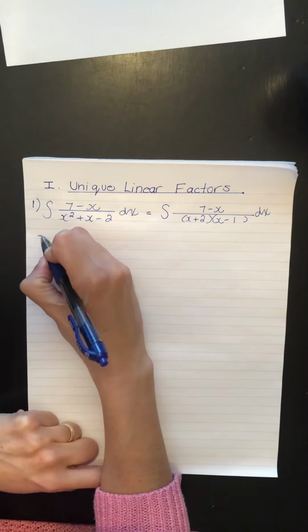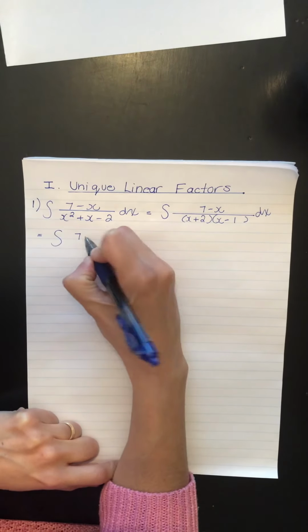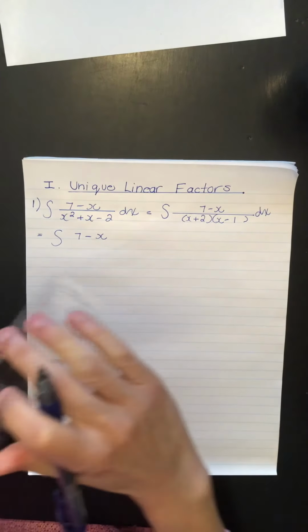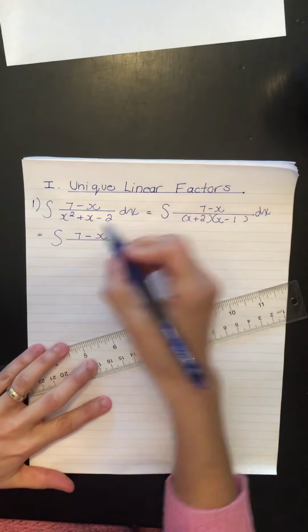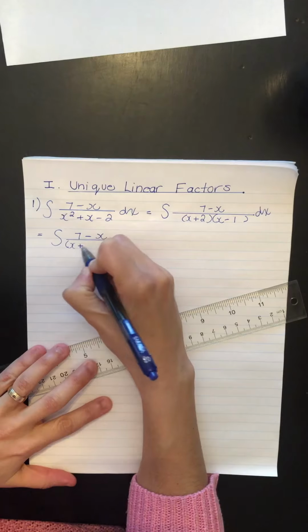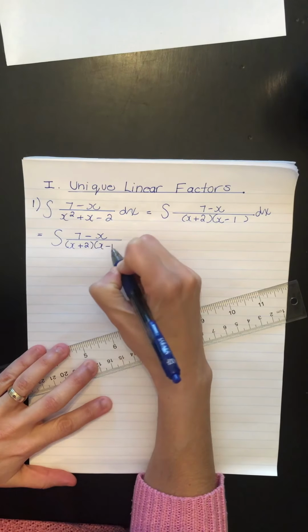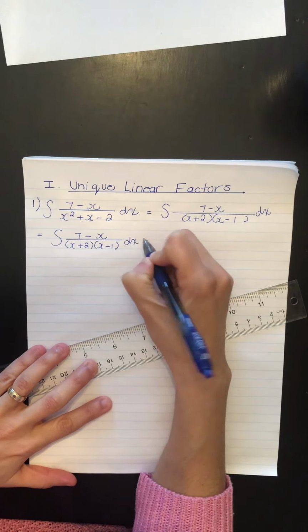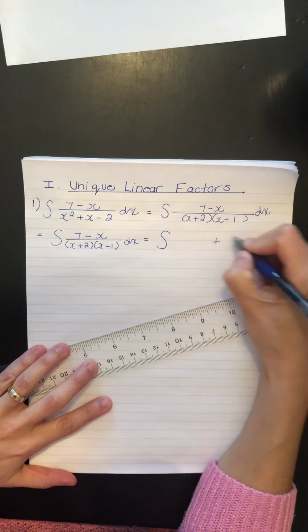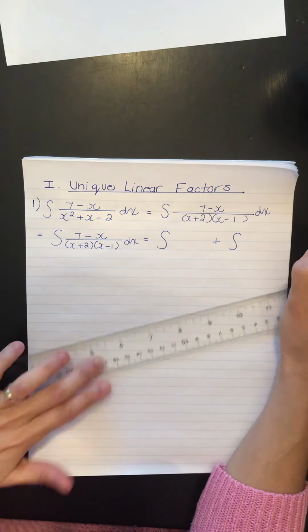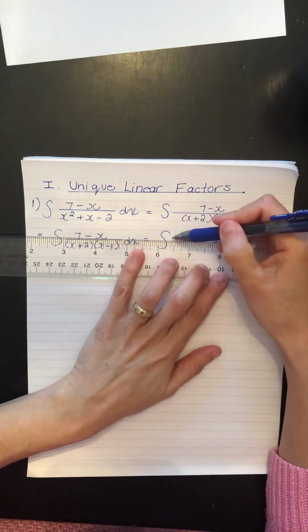So we now take our original fraction with the factored denominator and we express it as the sum of 2 different fractions.